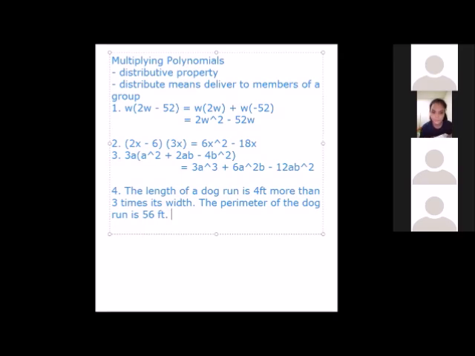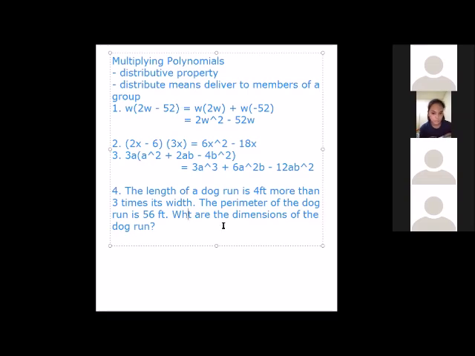What are the dimensions of the dog run? Again, okay, Jude, can you help us read the problem again for Ella and Hannah? The length of a dog run is 4 feet more than 3 times its width. The perimeter of the dog run is 56 feet. What are the dimensions of the dog run?